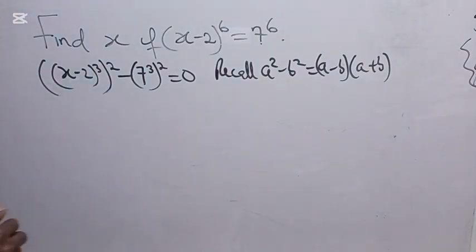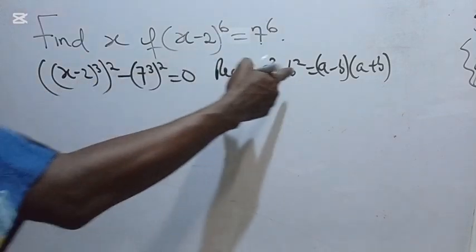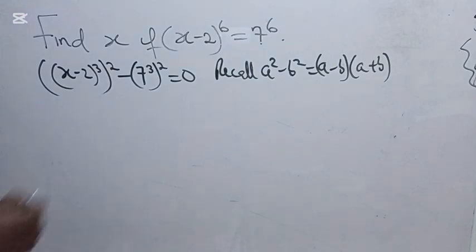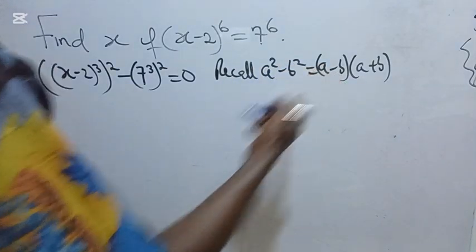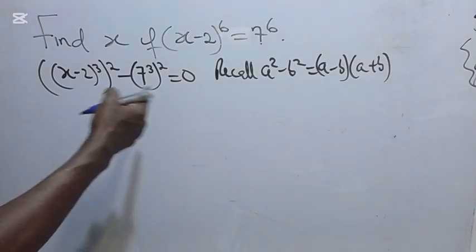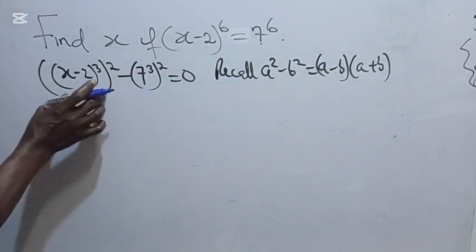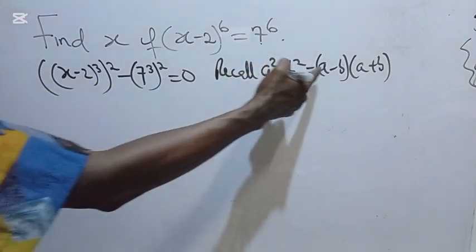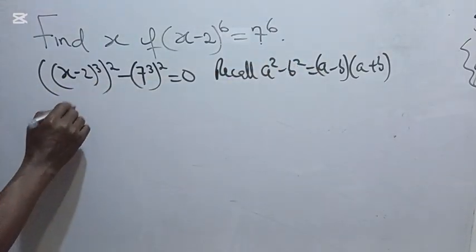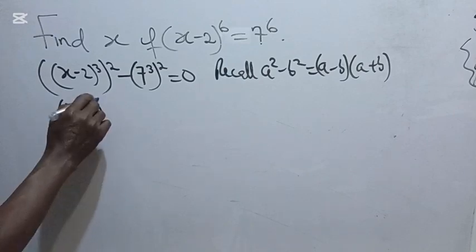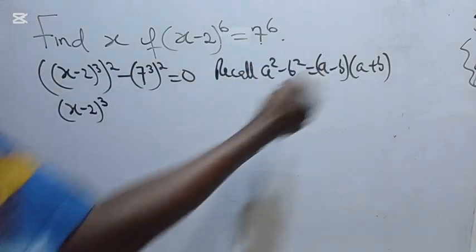So, that implies that we can have, from here, how do we get our A? How do we get our B? Basically, our A is (x minus 2) raised to power 3 from this assumption.